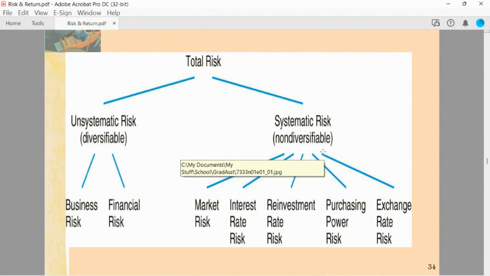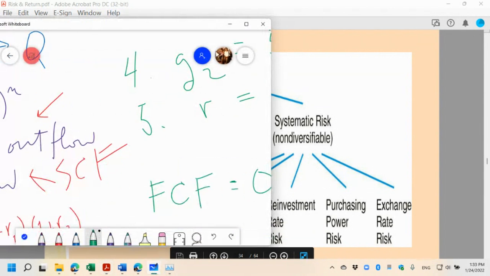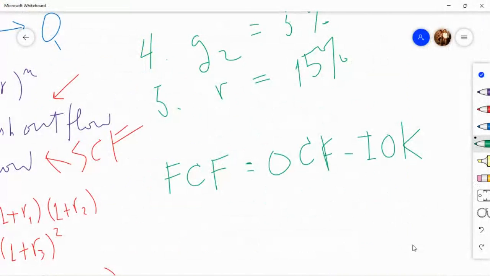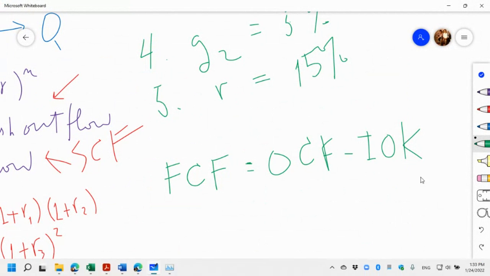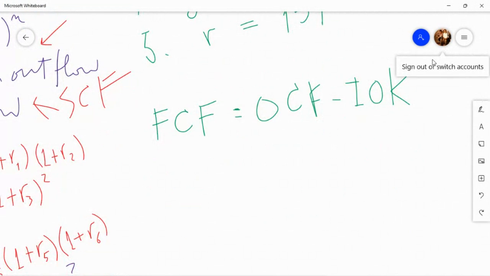Now, of those four risks, I hope you remember, two are systemic and two are unsystemic. What are those two? Think about it.